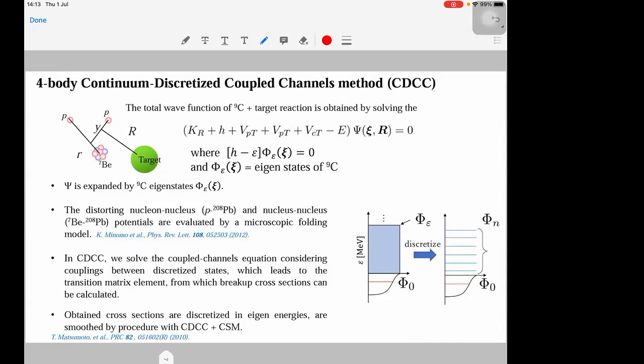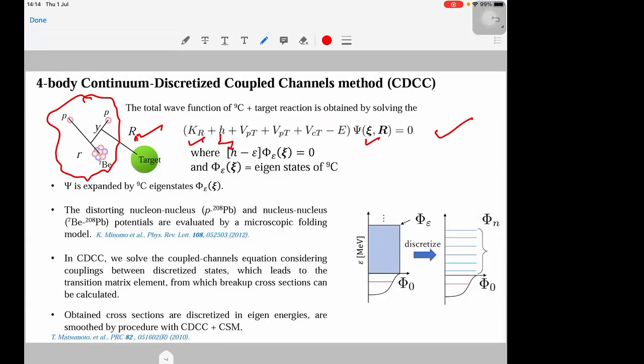The total wave function of the system, that is projectile 9carbon plus target, is obtained by solving this equation, where R is the radial coordinate between the target and the center of mass of the 9carbon system, and Z is the Jacobi coordinate of the projectile. So this is the kinetic energy associated with the R coordinate.